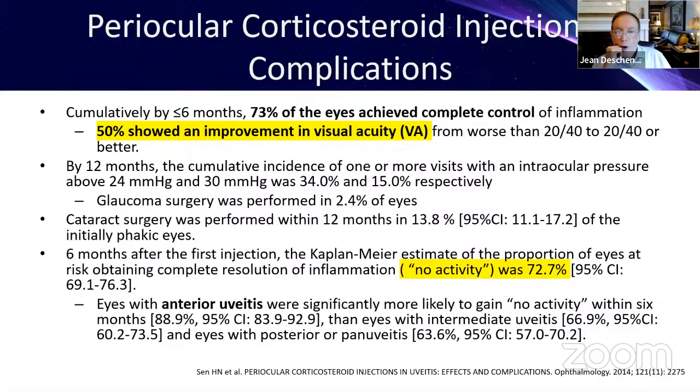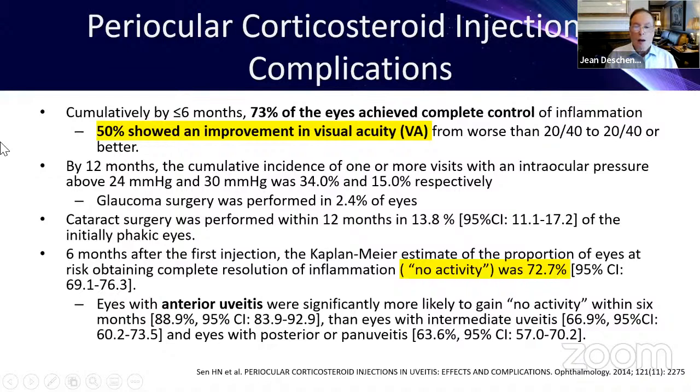If it is non-infectious uveitis, 73% of eyes will achieve complete control of the inflammation. This is from this paper, Periocular Corticosteroid Injection in Uveitis, published in Ophthalmology 2014.